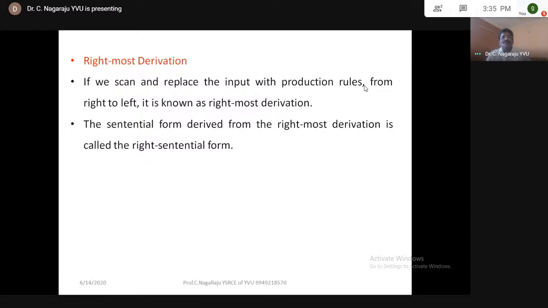This is quite opposite to that one. That means the last non-terminal on the right side we can replace with its productions. The sentential form derived from the rightmost derivation is called a right sentential form.